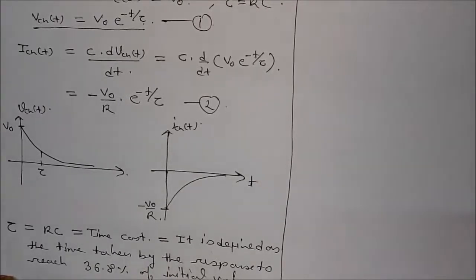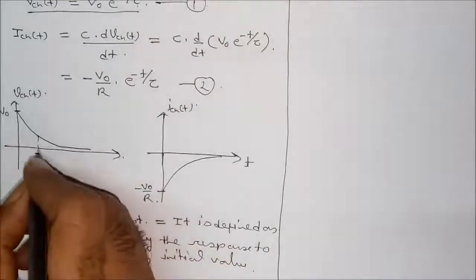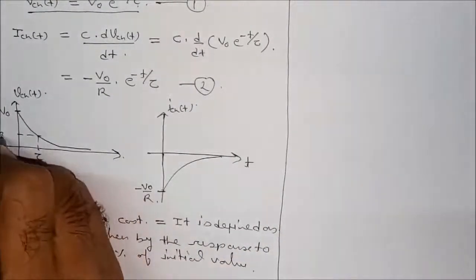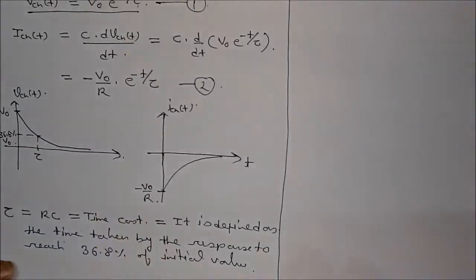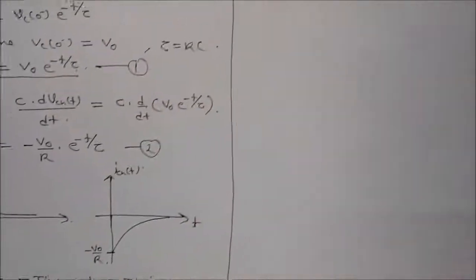So if it is tau, then this value will be 36.8% of V0. Okay, this is case first.